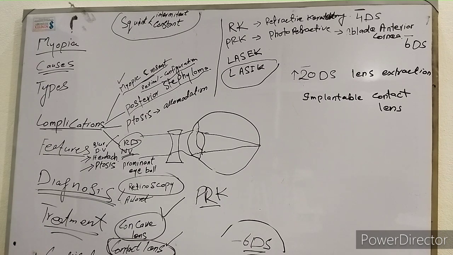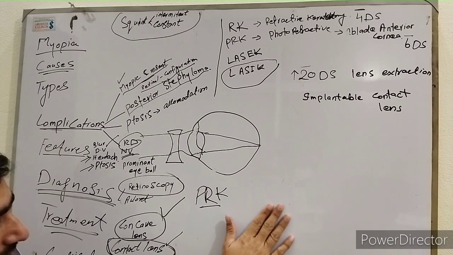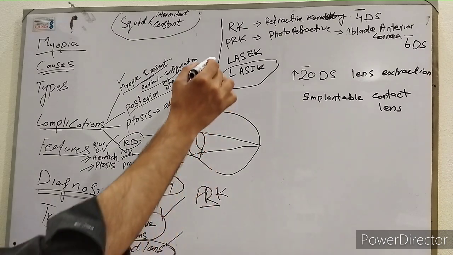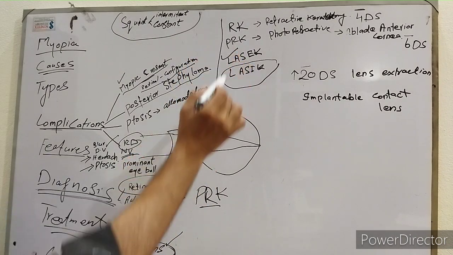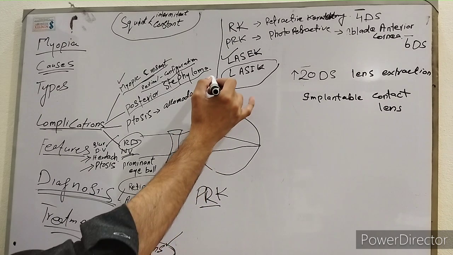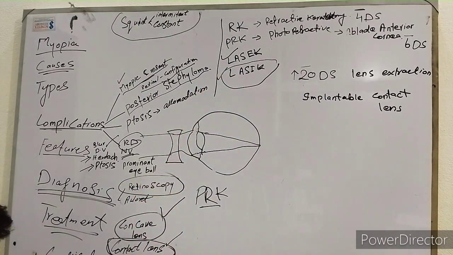Now, third one is LASEK and fourth one is LASIK. These are mostly the same procedure. The full form of LASEK is laser epithelial keratomileusis, and the full form of LASIK is laser in situ keratomileusis.